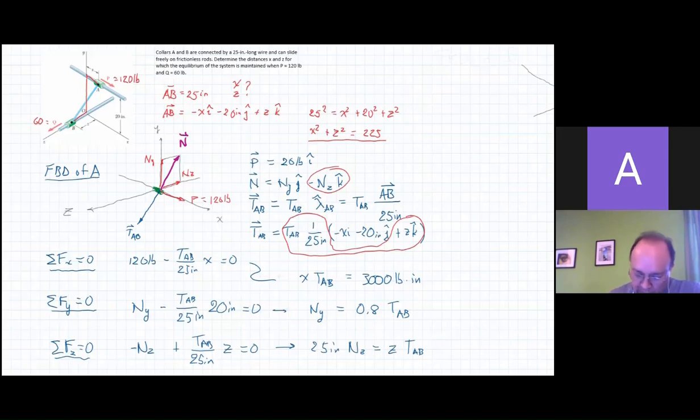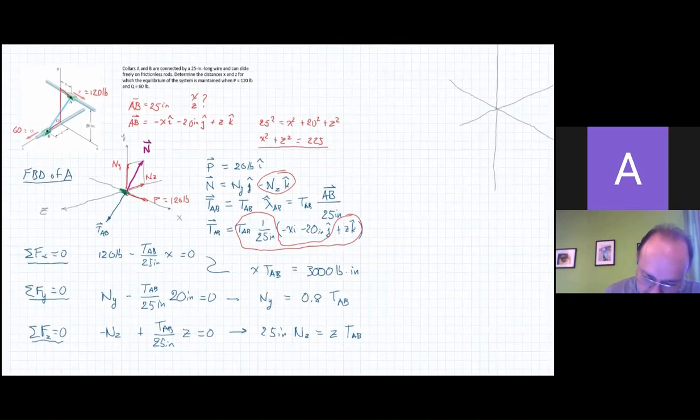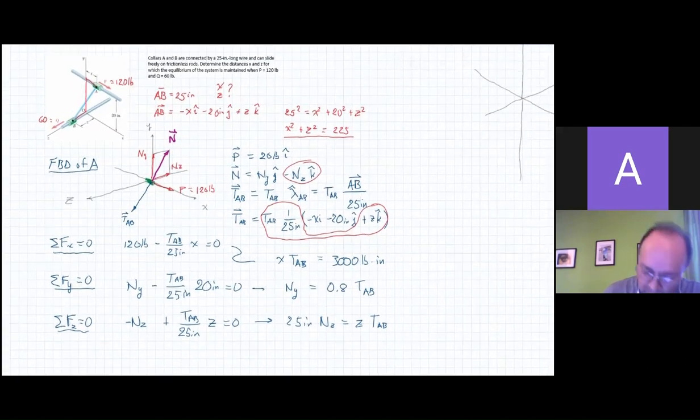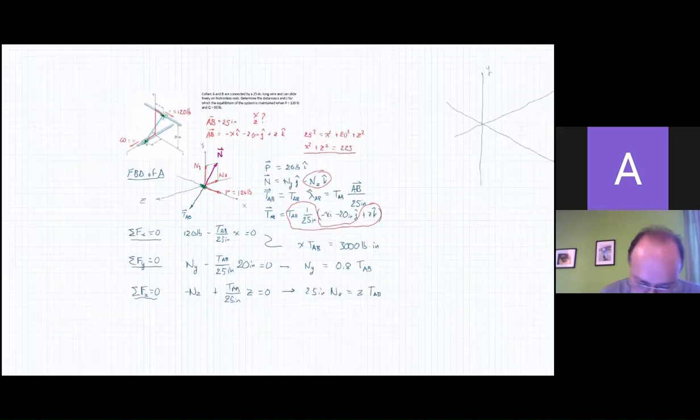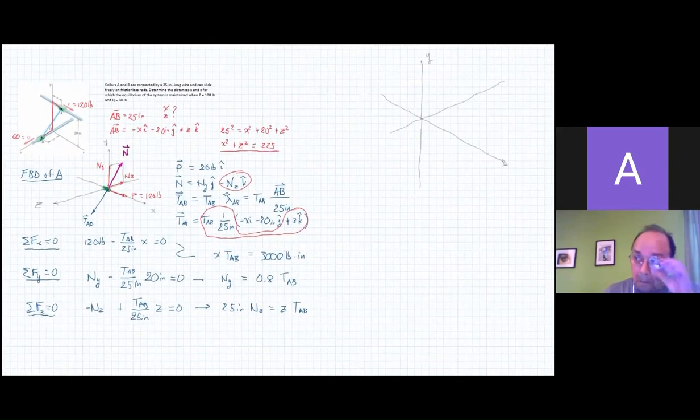Oh wait, but this one has another one. Well, we have to set up the equations of the other collar to see if we can. I can see that we cannot do anything here. We have too many unknowns. Let's set up the free body diagram of collar B. If I can move this a little bit this way, something like this.